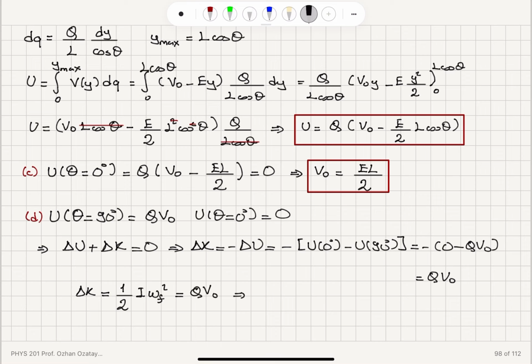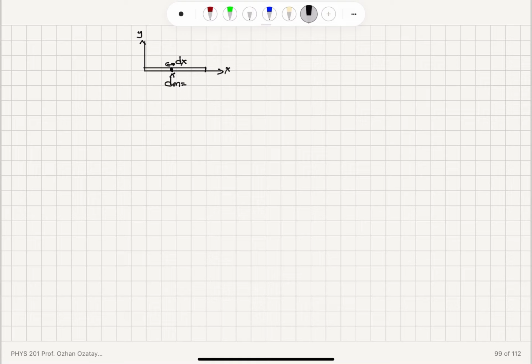So I find that the final angular speed should be equal to the square root of 2 capital Q V0 divided by the moment of inertia I. The moment of inertia of this bar for rotations about its endpoint is not given to me, so I have to determine what the moment of inertia is. The moment of inertia is by definition the integral of r squared dm for a continuous mass distribution.